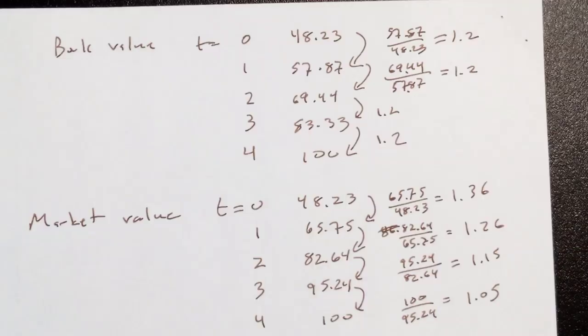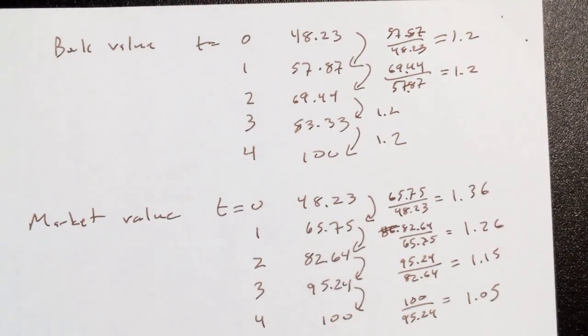The book value was consistently a 20% increase. Market value had a 1-year increase the very first year of 36%. But by the time I'm at the last year, it's down to 5%.